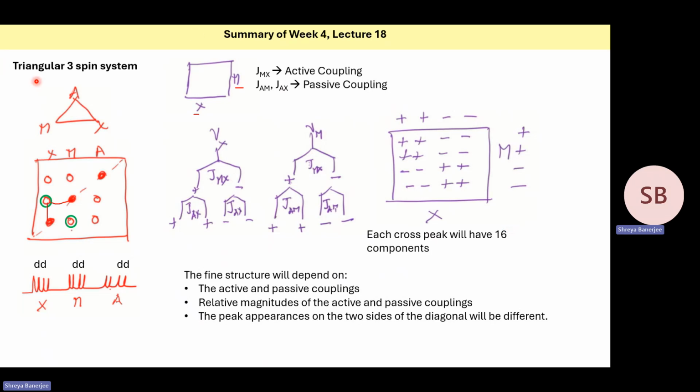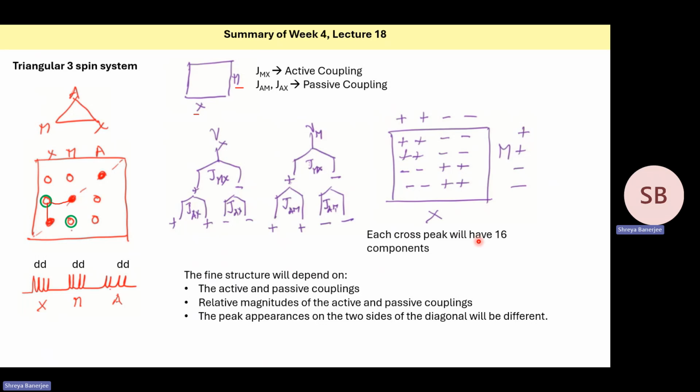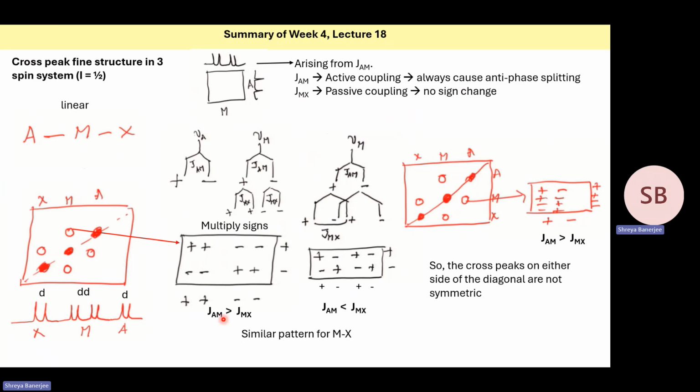In the previous case, you had 4 into 2, so you had 8 components in the fine structure. Now you have 16 components in the fine structure. So the fine structure depends on the active and passive couplings. It will also depend on the relative magnitude of the active and passive coupling that we saw in the previous slide.